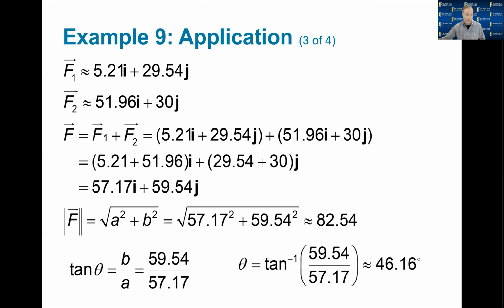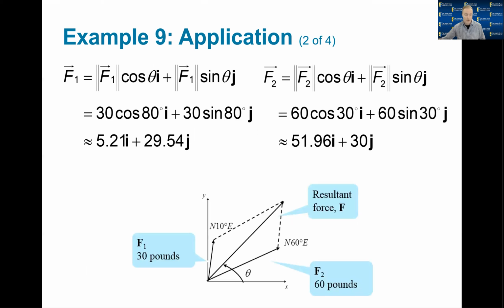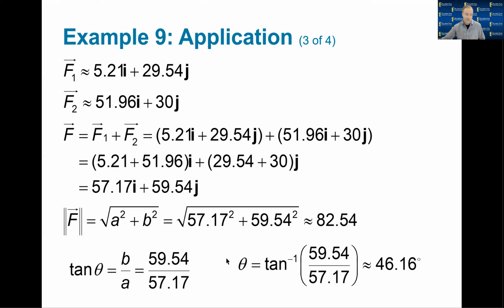We know these aren't going in the exact same direction, so it's not going to be 90, but at least they're both pushing up and to the right, albeit at different rates. So there's not going to be a whole lot of canceling out. And so we'd expect it to be close to 90, and it is.